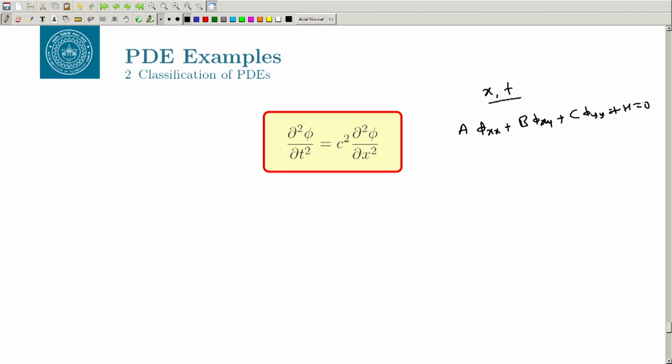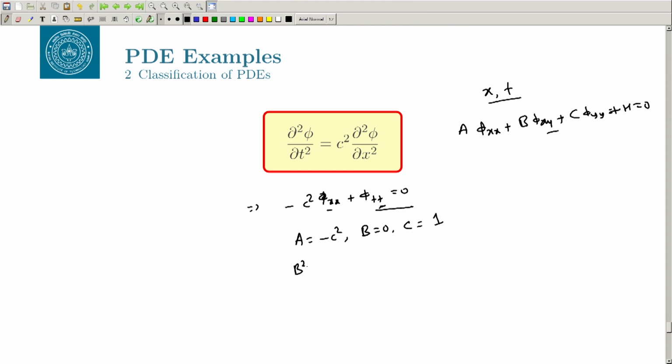So, to make our life easy, let us write minus c square phi x x plus phi t t equal to 0, right. And let us say my x is x and t is basically y here. So, then your a is minus c square, b is 0 and c will be basically 1, right.